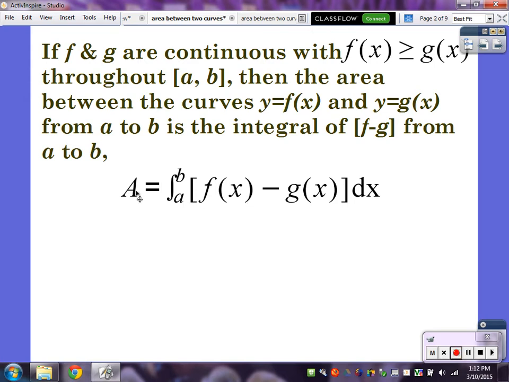And so notation wise it looks like this. The area equals the integral from a to b of f of x minus g of x dx.